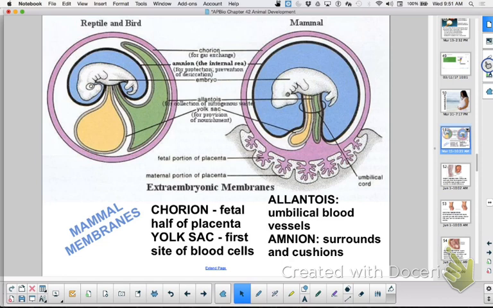So that's a similarity here in development. You can see the chorion, okay? The chorion, if you've ever hard-boiled an egg, and you crack that egg and you peel off the hard shell, you know that membrane that's right on top of the white that you can move? That's the chorion. That chorion is where all gas exchange takes place for the chick when it's developing.